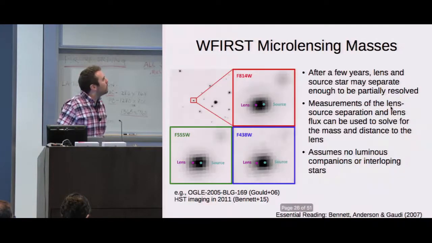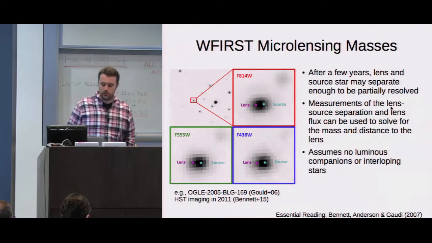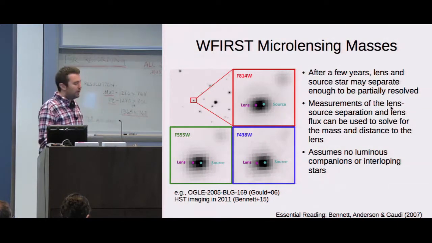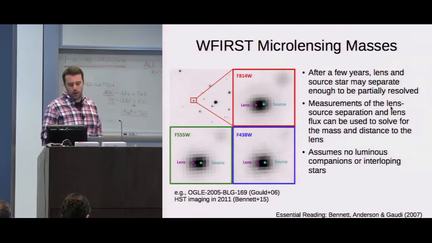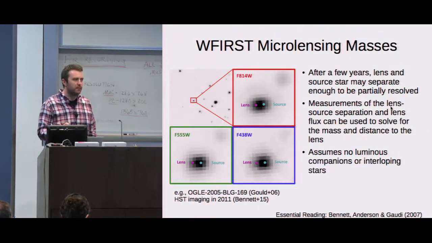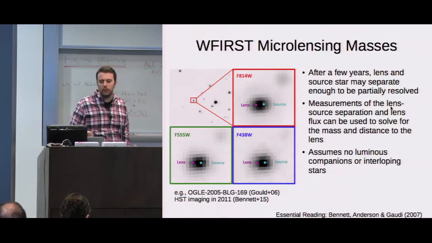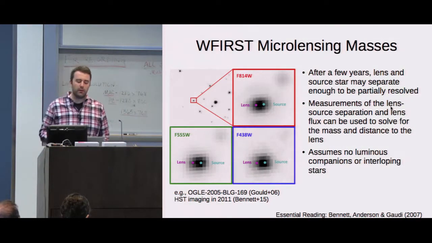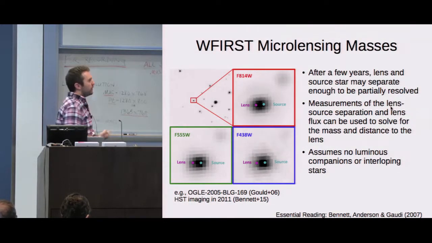And going back to the resolution element, by having a space-based PSF of about 0.1, 0.2 arc seconds, this enables something that you can't do from seeing limited ground-based imaging.